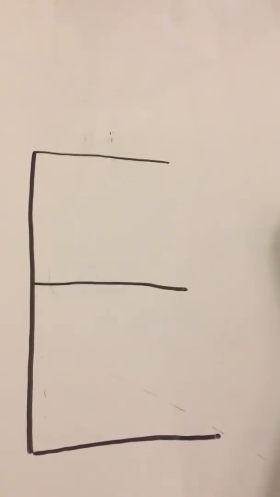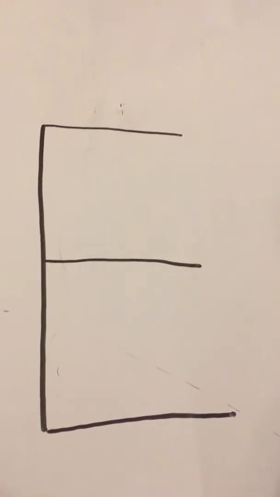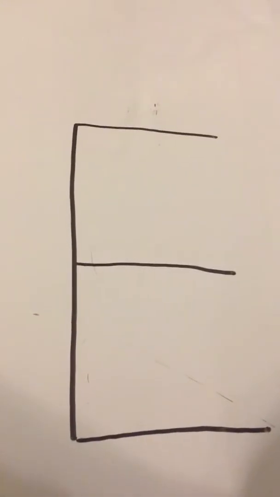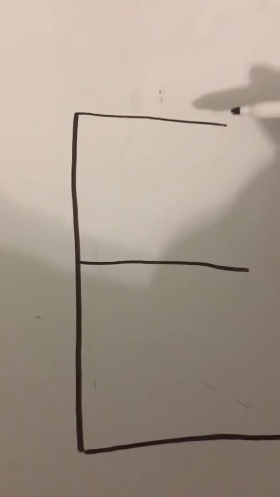This is letter E. Elephant. Letter E has 4 lines. Big line, little line, little line, little line.